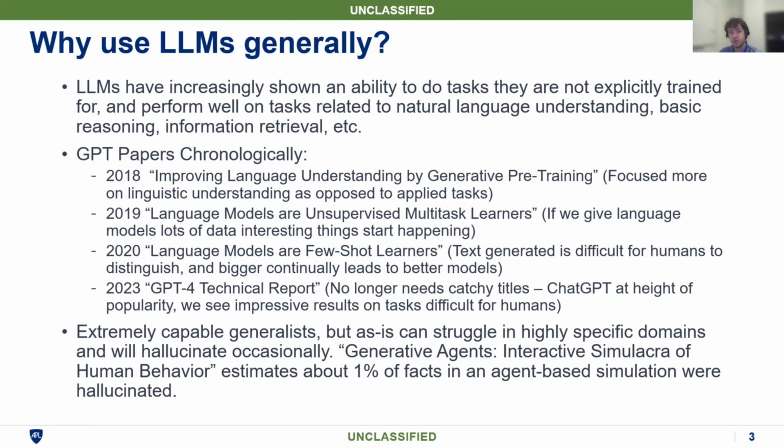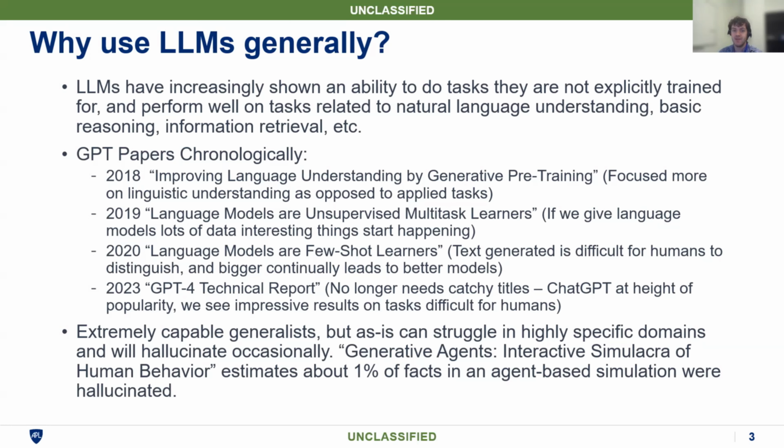Between 2020 and 2023, we have GPT-3.5, which eventually gets deployed as ChatGPT, and just blows up and has an incredible number of users, more than I think even the researchers at OpenAI thought it would have.